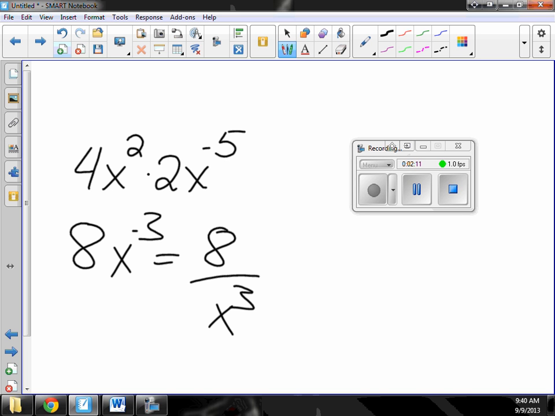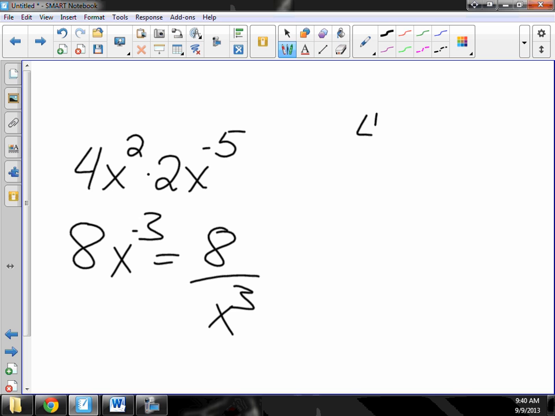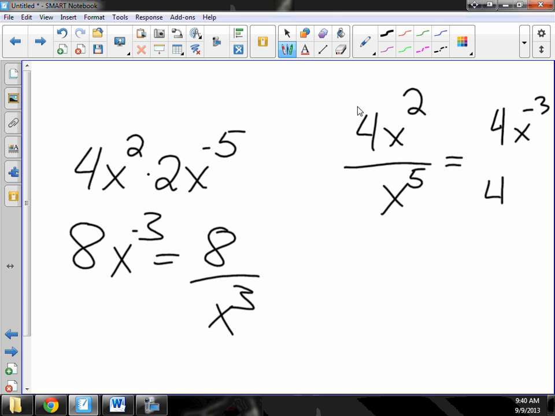Let's consider what is 4x squared over x to the fifth. 4, we could either do 4x to the negative 3 or 4 over x to the third. And this is the preferred version. But why is it 4 over x to the third?